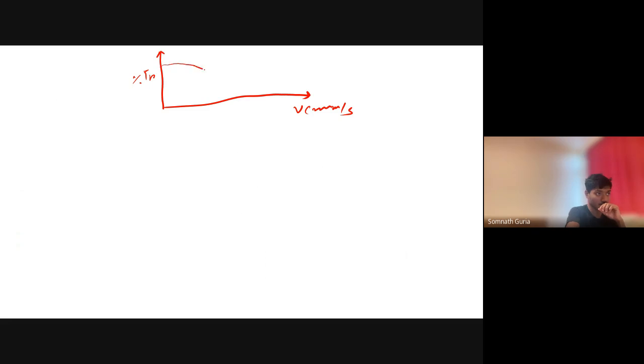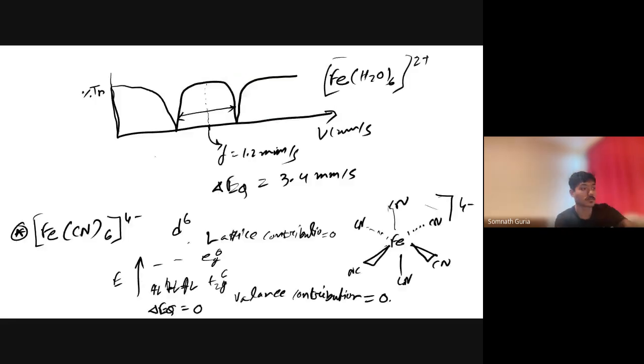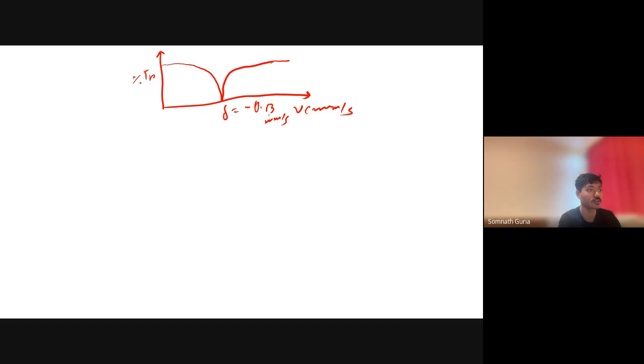The spectrum is one line, and this delta value is minus 0.13 millimeter per second. Previously we had a delta value of plus 1.2 millimeter per second. Now we have a delta value of minus 0.13 millimeter per second.